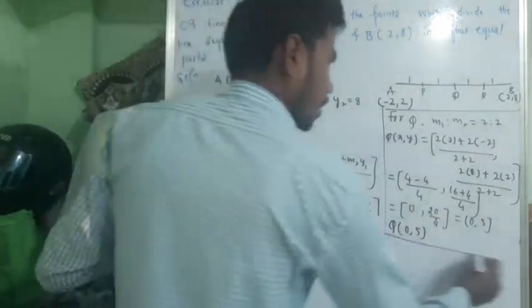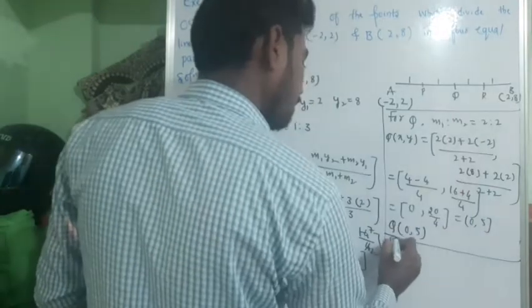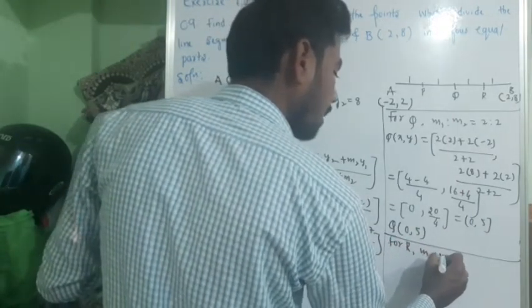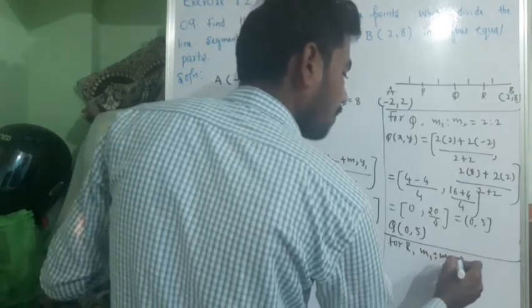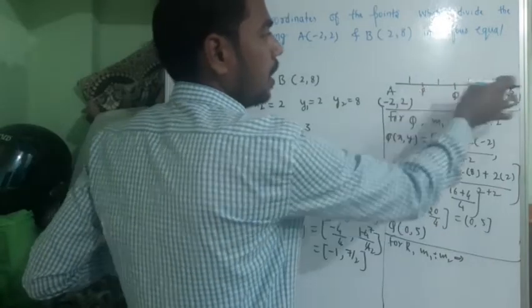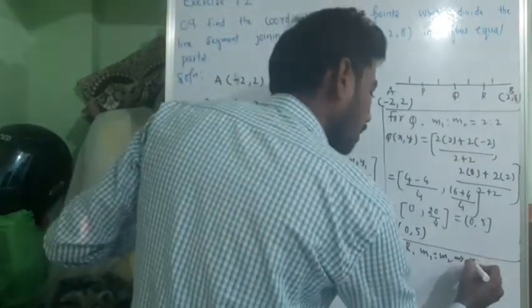Next, for point R, M1 is to M2 will be, see, this is 3, this is 1, 3 is to 1.